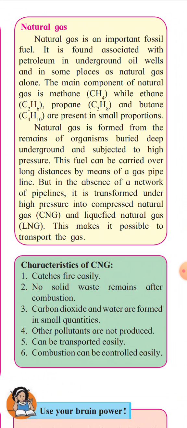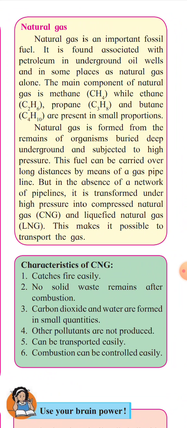Its molecular formula is CH4, while ethane, C2H6, propane, C3H8, and butane, C4H10, are present in small proportions. These are the molecular formulas for writing the names of the given compounds.